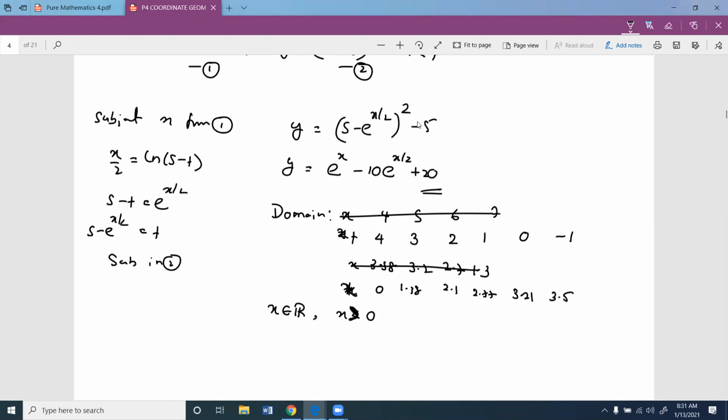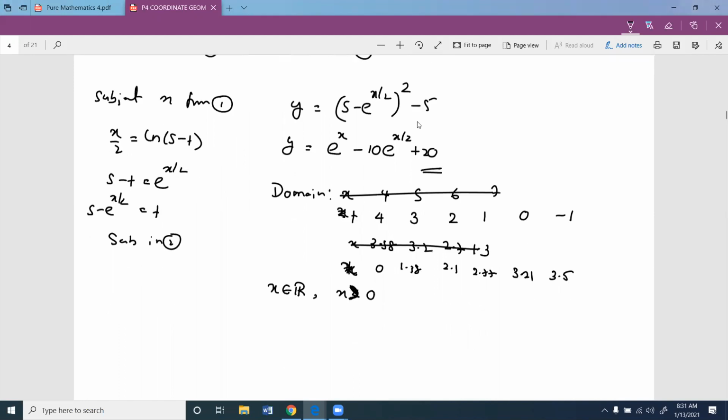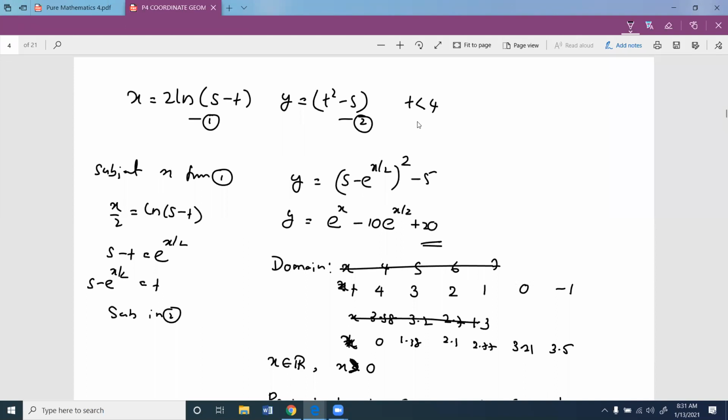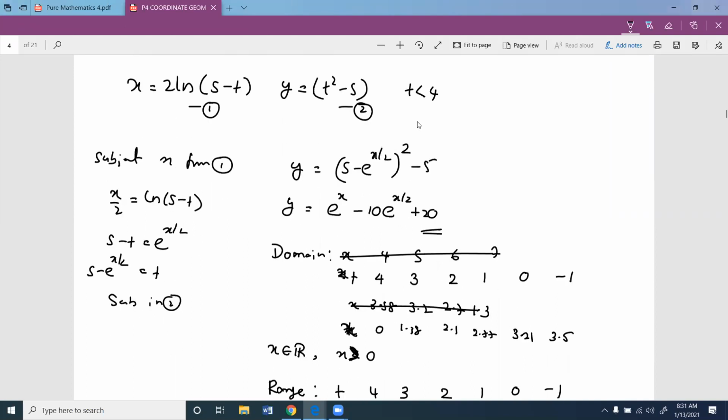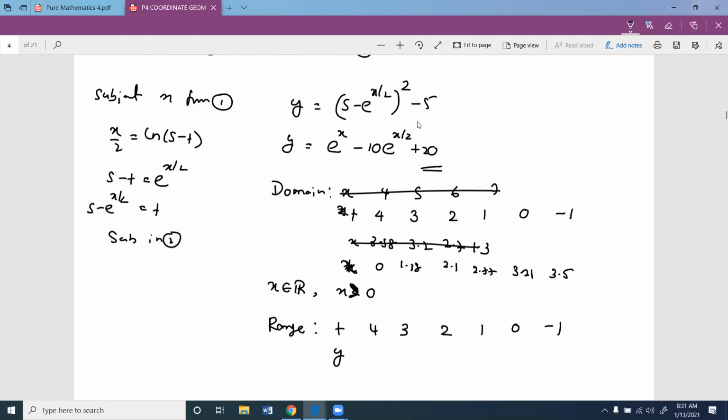Then if you want to find the range, the range can also be worked out the same way for this question. So you can get the t values 4, 3, 2, 1, 0, and minus 1. Then we can check the behavior of the y values. How to find the y values? Either you can put this x value into this function. It's kind of hard, because looking straight at this one, we cannot identify the range.